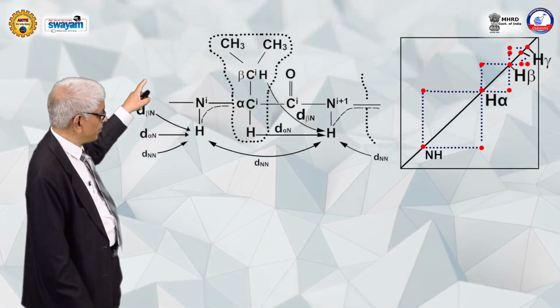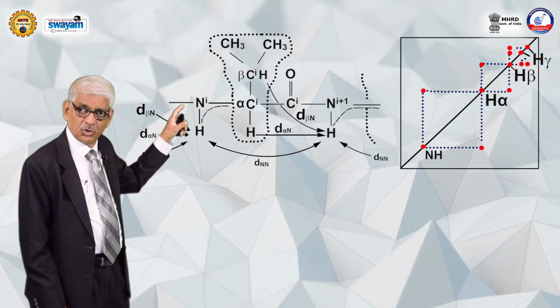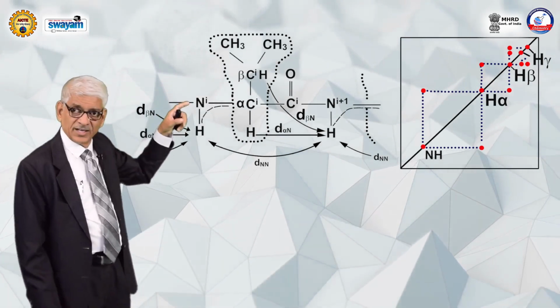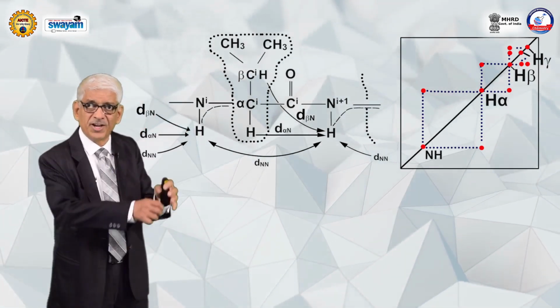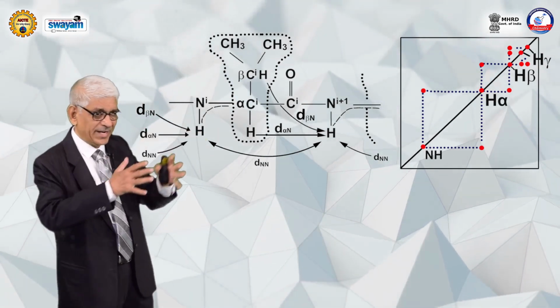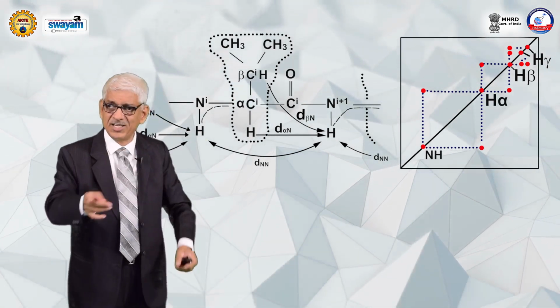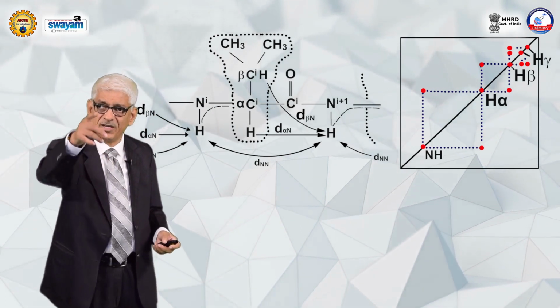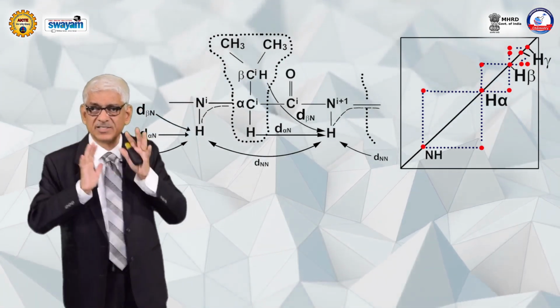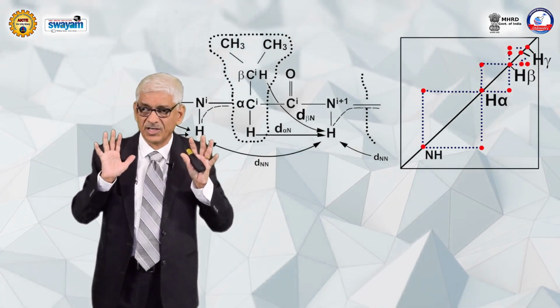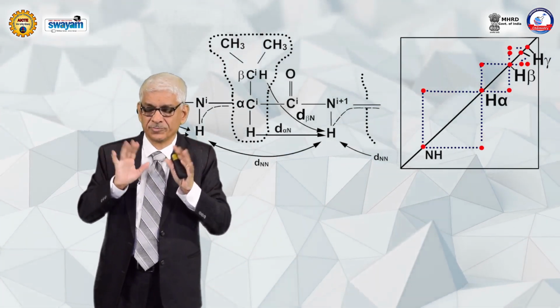There is no coupling between the two methyl groups, and therefore no cross peak between the two gamma methyls. So if you get a pattern of peaks like this, NH to alpha, alpha to beta, beta to gammas, then you know for sure this represents the valine group in your molecule.